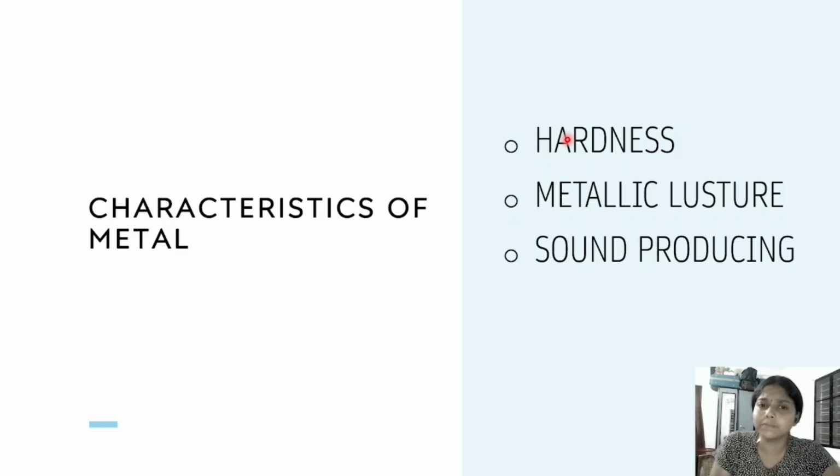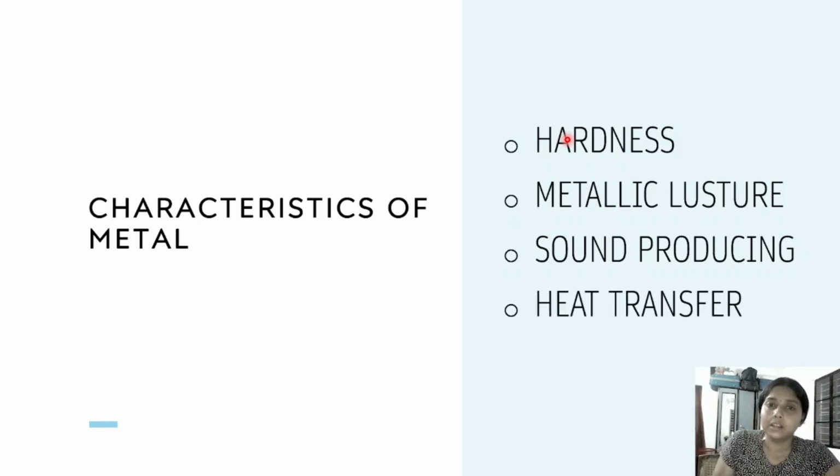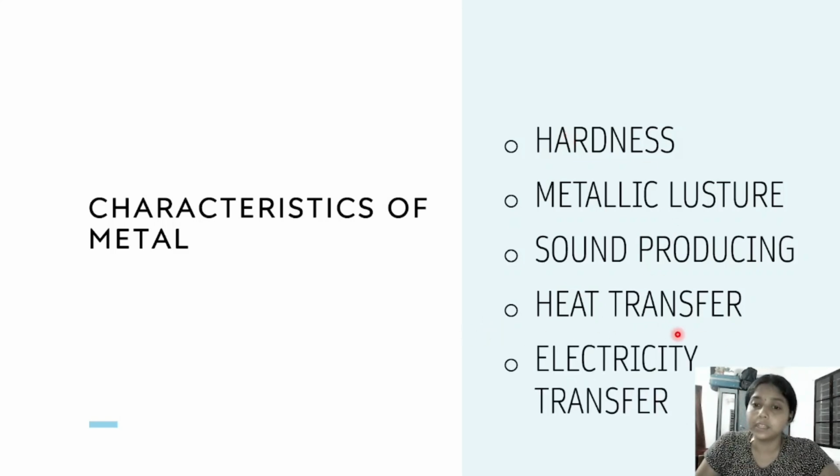What was the sound? Tin, tin, tin, like that, right? Okay. In the boiling water utensil, there was a heat transfer from the stove to the metal. That is why it was heating. And the copper wire shows electric transfer.